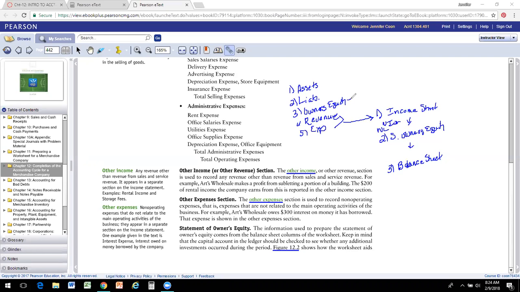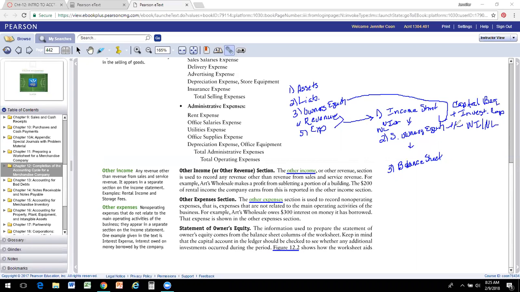So in owner's equity, on that statement, we have a basic formula. We're going to take our capital at the beginning. We're going to add any investments to capital. So were there any increases to the capital account? We are going to add or subtract net income or net loss.